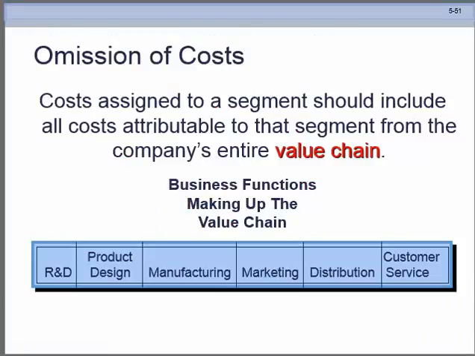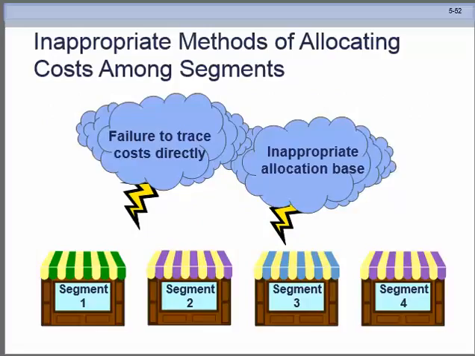Costs assigned to a segment should include all costs attributable to that segment from the company's entire value chain. And so this illustration gives us a value chain: research and development, product design, manufacturing, marketing, distribution, customer service. Okay? Those are all of the value chain.